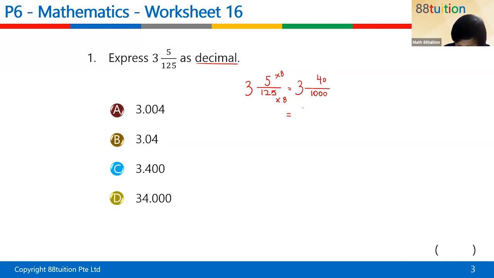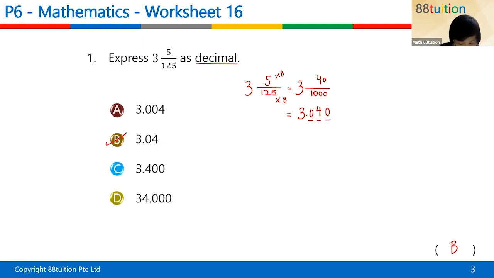So 3 decimal places. So 3.040, so your 4 is here. So it's 3.04. Okay, so number B here. Okay, 1/25. Option number B.